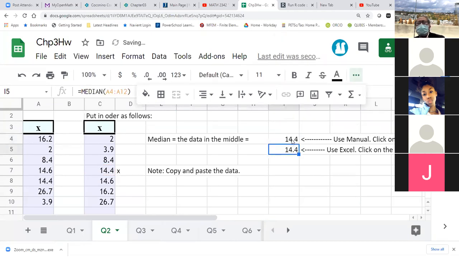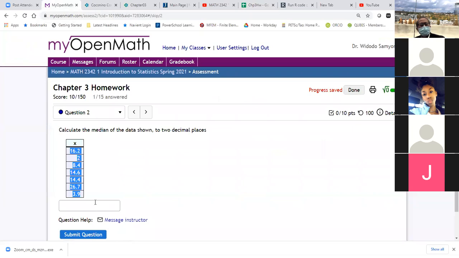There you go. So you can also use Excel using this command here. Equal median, and then the data from, I think it should be from A4 to A10, right? So this one should be A10. Enter. Okay, so this is the way to find the median. So the answer for the median for number 2 will be 14.4, right?